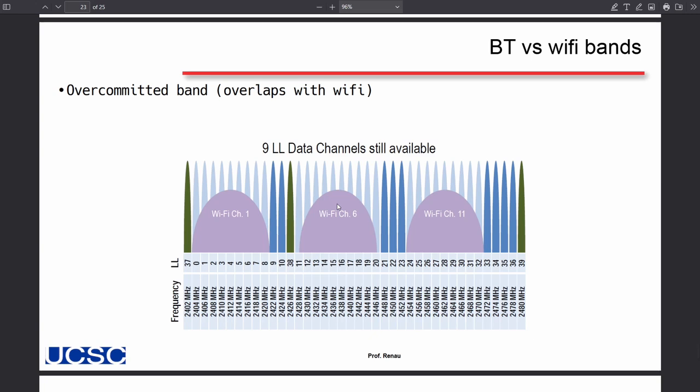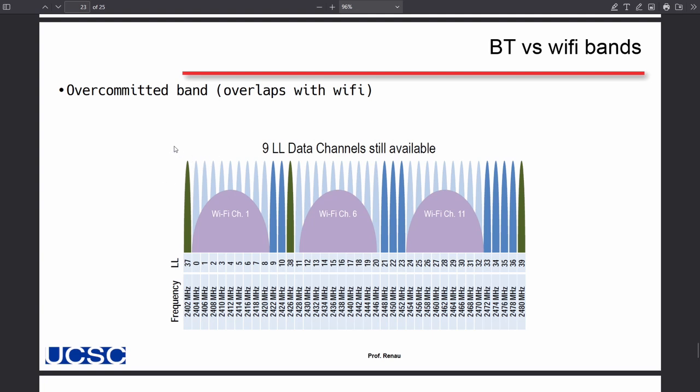Also note that there are these green bands right here, and these are for advertising. What I showed you at first was all of the devices that my iPhone could see, but I believe all my iPhone could see was just the advertising channels. All my phone was looking at was what devices were advertising their model number and things.